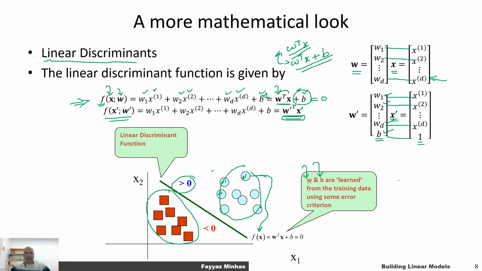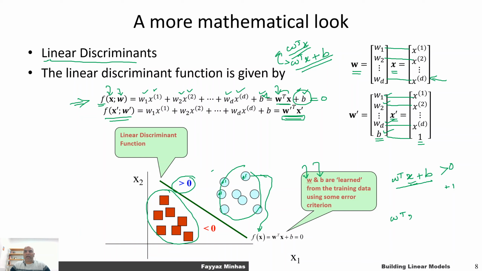Or in other words, as we've been talking earlier as well, w transpose x plus b should be greater than 0 for all x for which the target label is +1. So if we know that this is an example of the positive class, then we want w and b to be such that w transpose x plus b is greater than 0.